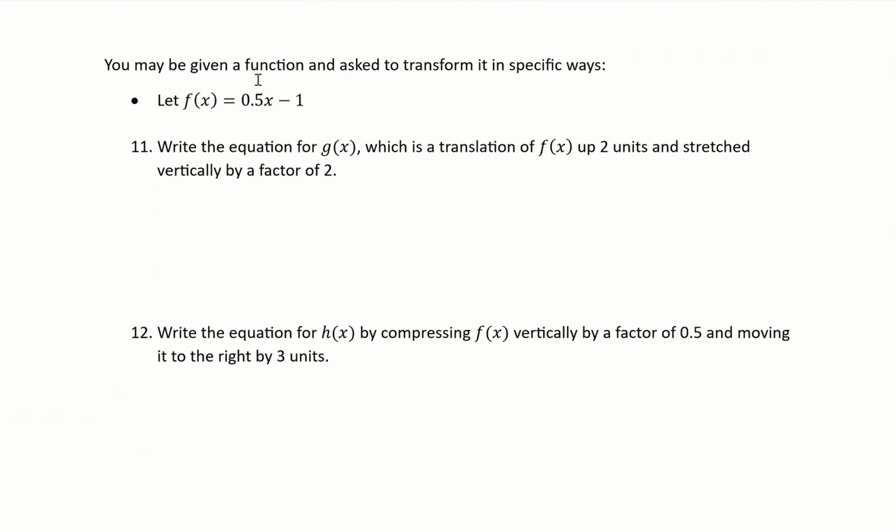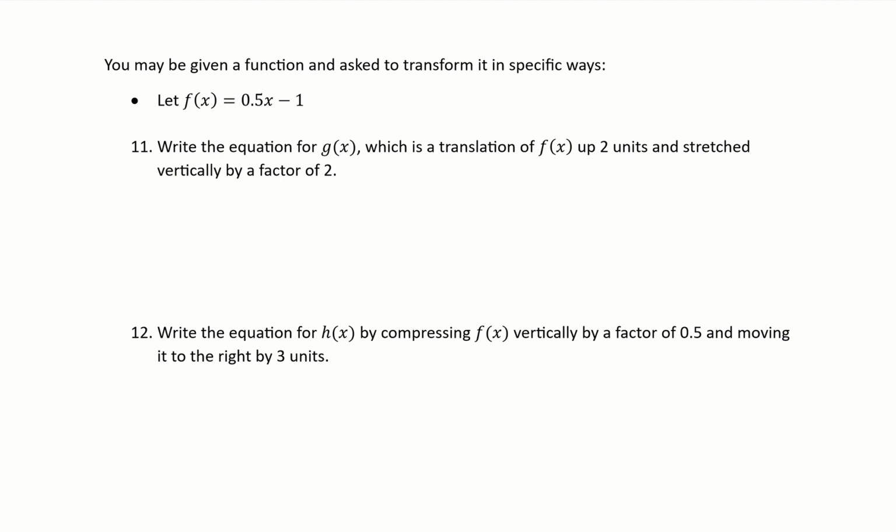You might be given a function and asked to transform it in specific ways. So if f of x is equal to 0.5x minus 1, then I might be asked to write the equation for g of x, which is a translation of f of x up by 2 and stretched by a factor of 2.